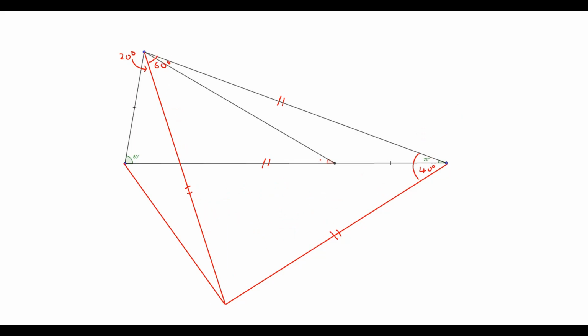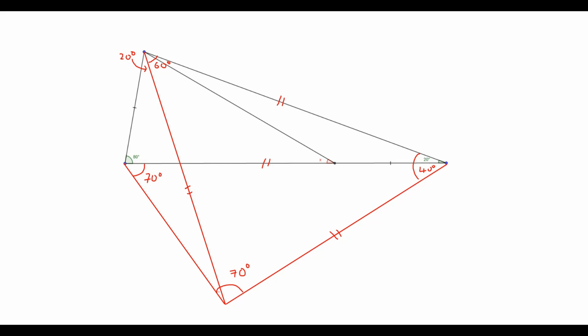And let's take a look at what we've got now. Well, if I know this is 40, and this is why isosceles triangles are great, I know that this has to be 70, and I know that this has to be 70, because 70 and 70 and 40 is 180, and these two base angles have to be the same.